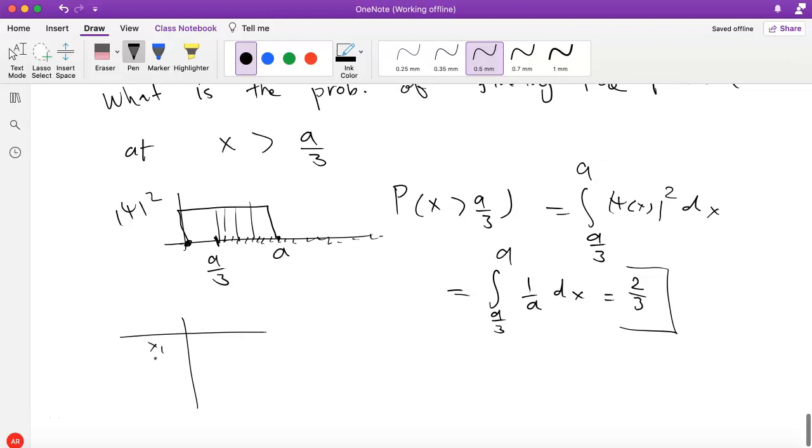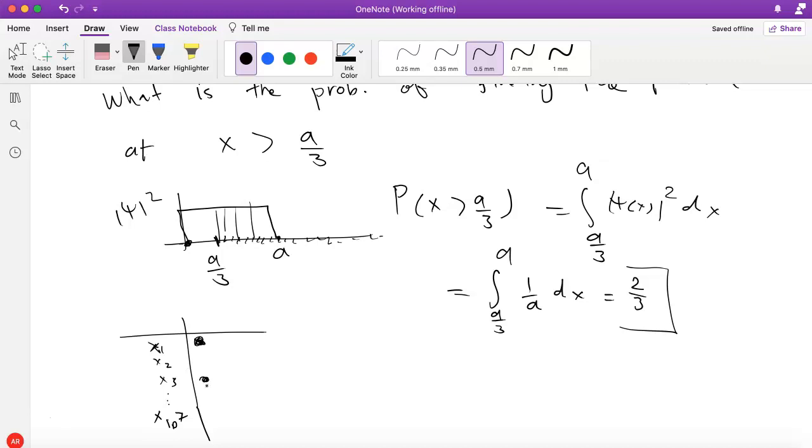So suppose in that large list, x1, x2, x3, up to x 10 million, right? Okay, so every time I can go through that list and look at each one of them, and I check, is that number larger than a over 3 or smaller than a over 3? If it's larger than a over 3, I put a cross here, or a dot here. If it's not, I don't.